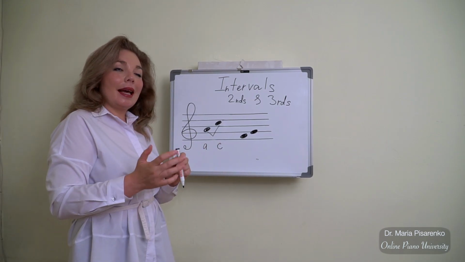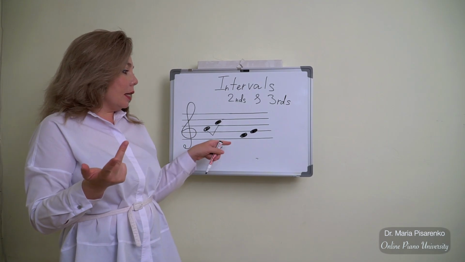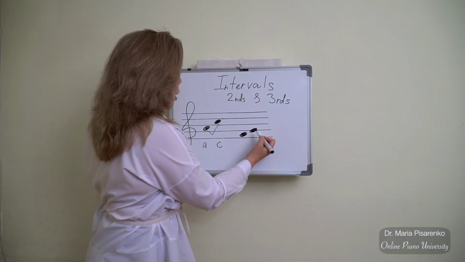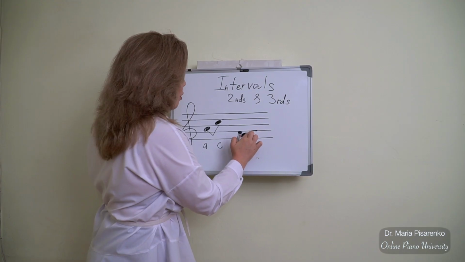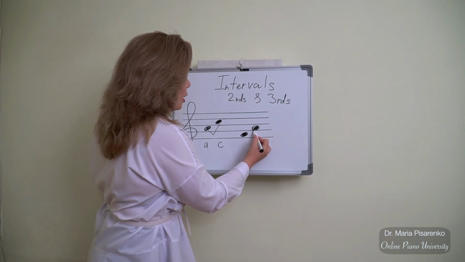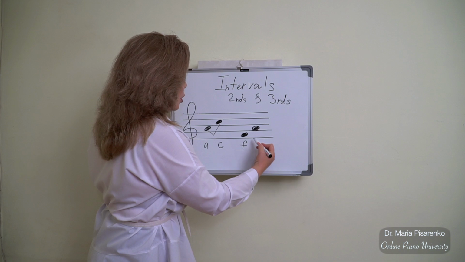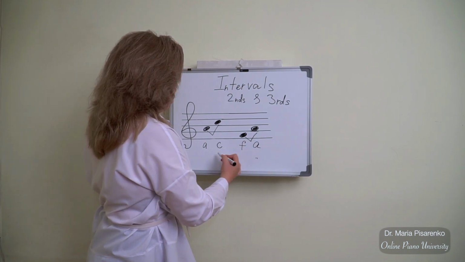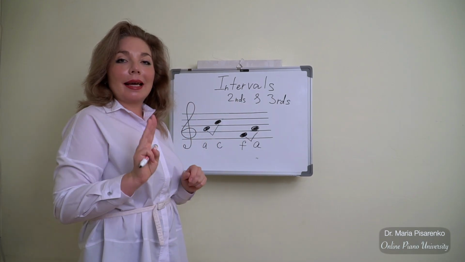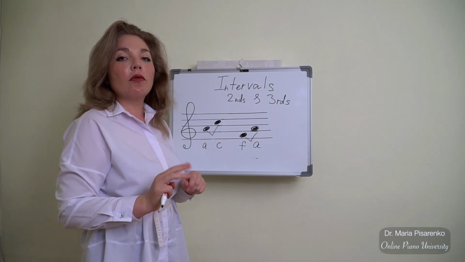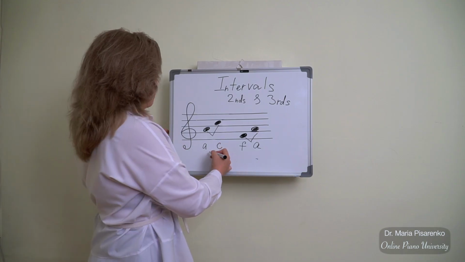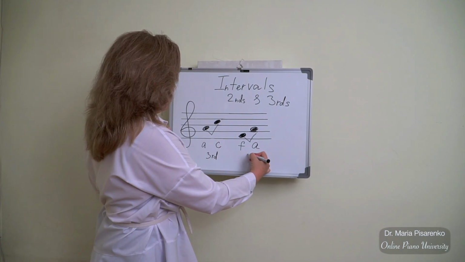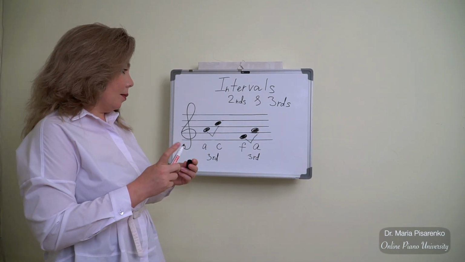A, B, C, D, E, F, G. F to G is a second, but if we skip that G, we are going to have A. We skipped G, and the distance between F and A is called a third because there are three letter names in alphabetical order involved in that interval. So we have a third here and you have a third right here.